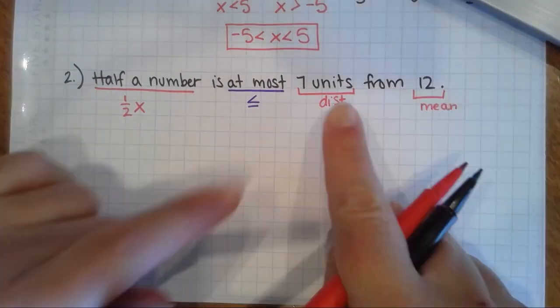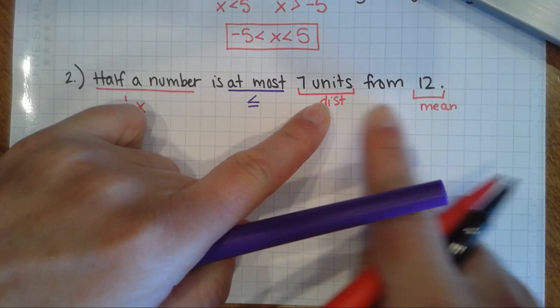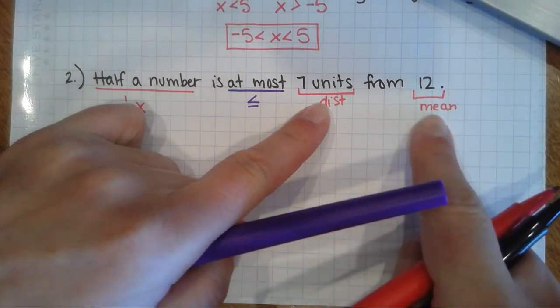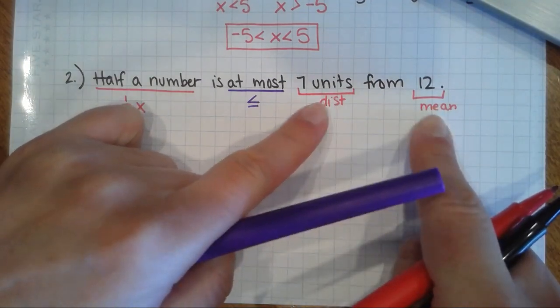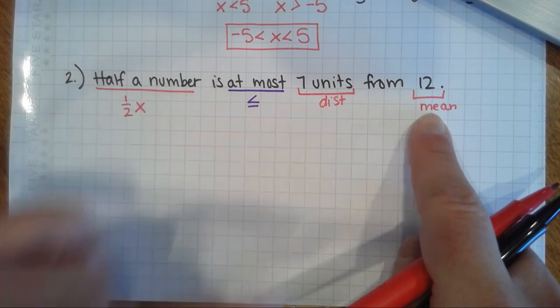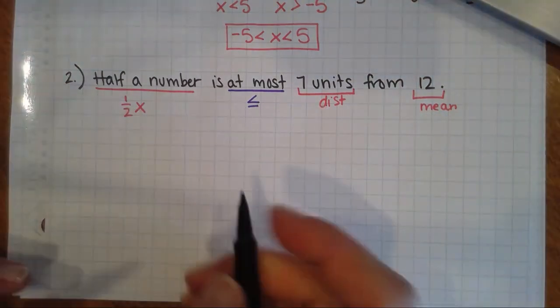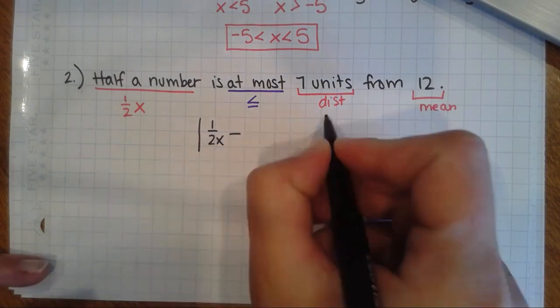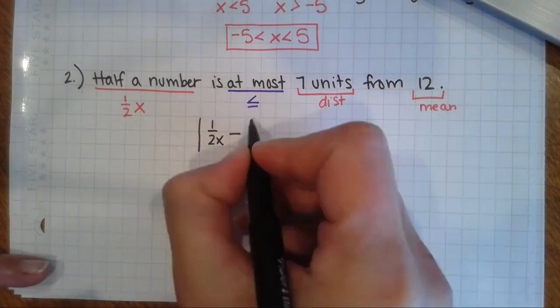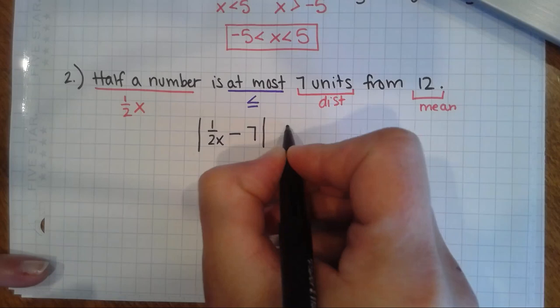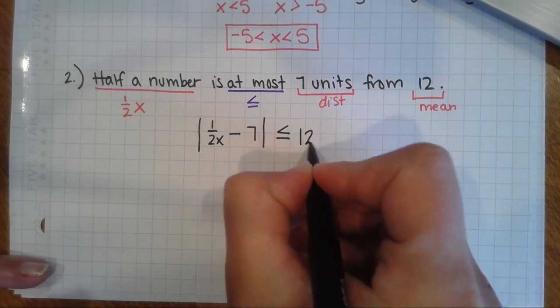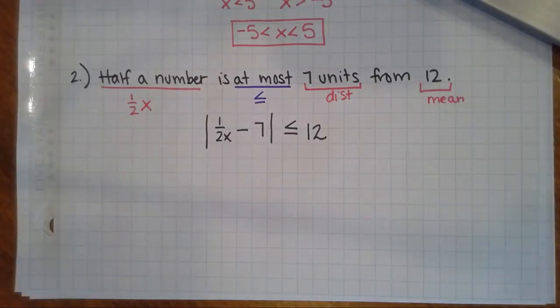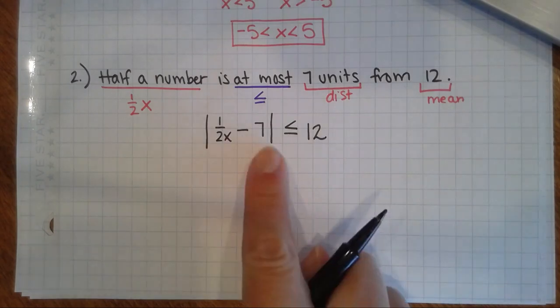Because we're saying that it's either 7 units on either side of 12. So this is our distance, and this is our mean. So let's write this as an inequality. The absolute value of 1/2 x minus the mean, 12, is less than or equal to the distance, 7. So that's our absolute value inequality.